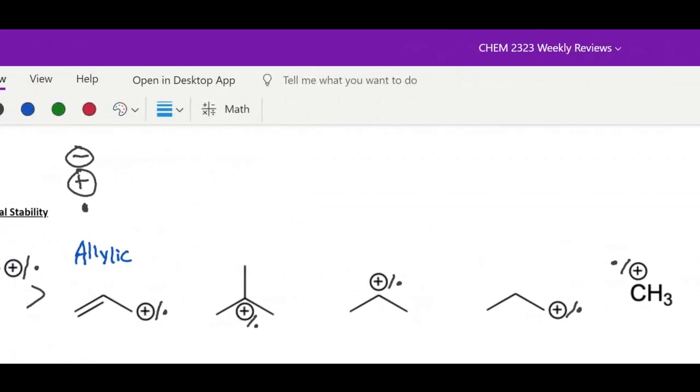So right now I'm just gonna define them and we'll talk about what they mean. Okay, so this one is called tertiary. This one is called secondary. This one is called primary. And this one obviously is methyl. Okay?